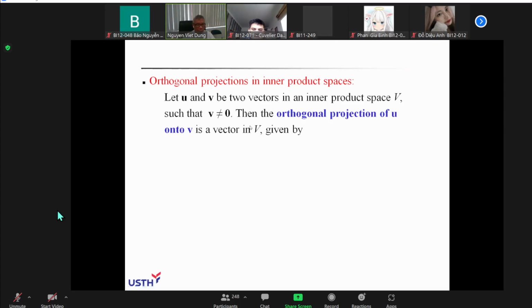Then we can define what we call the orthogonal projection of U onto V. That is a vector, the projection must be a vector in V, and it is given by a formula.